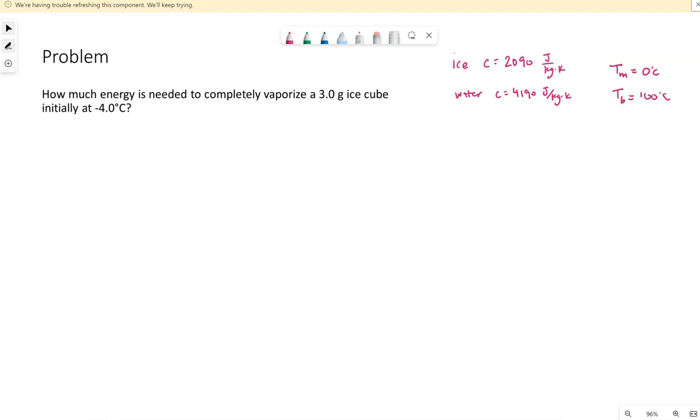Boiling temperature, 100 degrees Celsius. Latent heat of fusion, 3.33 times 10 to the 5th joules per kilogram. Latent heat of vaporization, 22.6 times 10 to the 5th joules per kilogram.